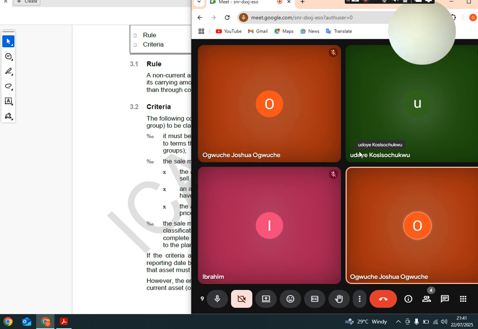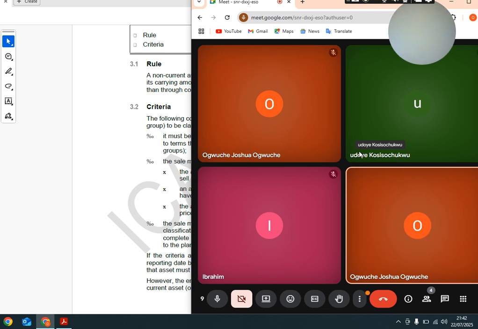Okay. Net realizable value is the selling price, or the amount you can realize from that asset, minus any cost it will take you to sell the asset. That is net realizable value, net of all the cost.